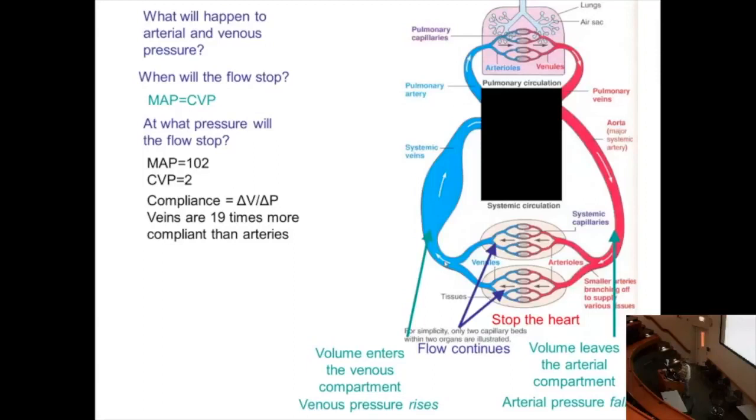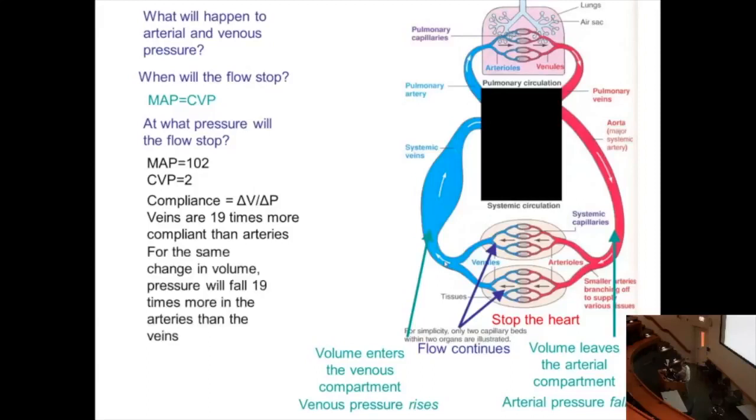Okay, so for the same change in volume, the pressure will fall 19 times more in the arteries than it will rise in the veins. The same volume might cause a 1 millimeter of mercury rise in pressure in the veins, whereas it's causing a 19 millimeter fall in pressure in the arteries.